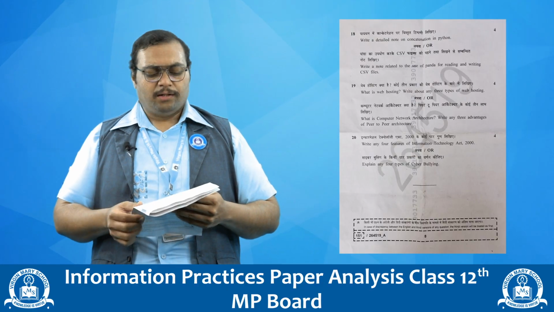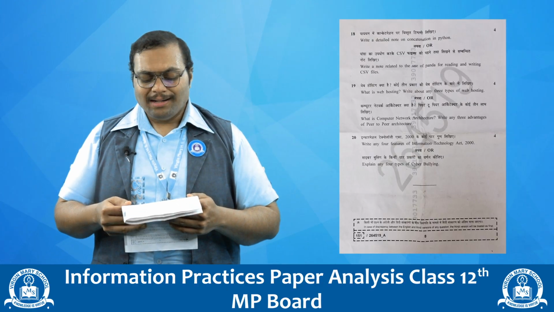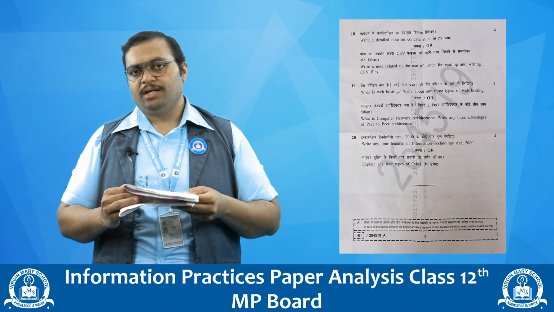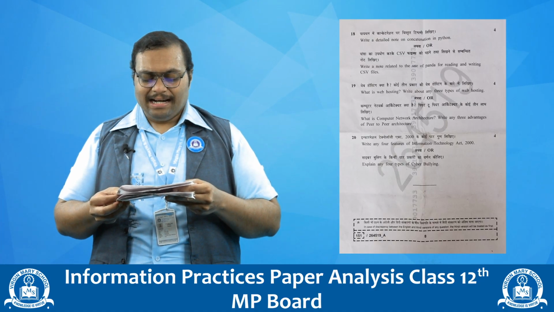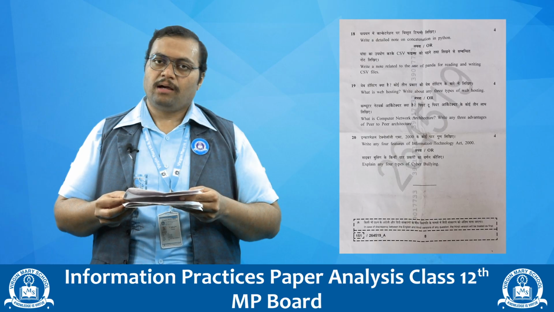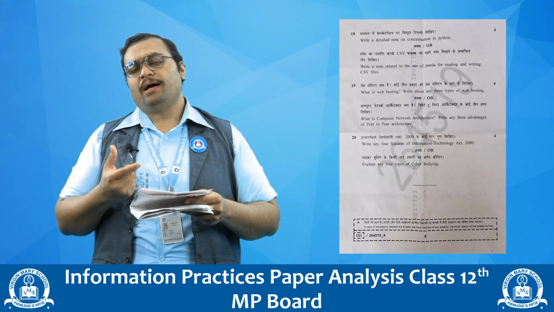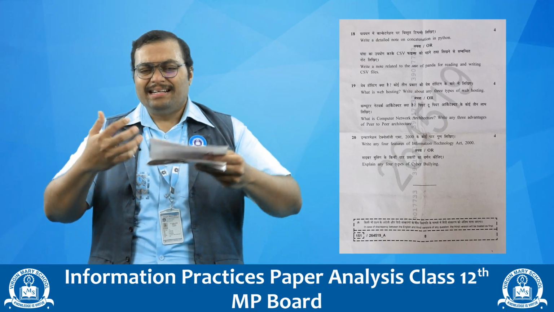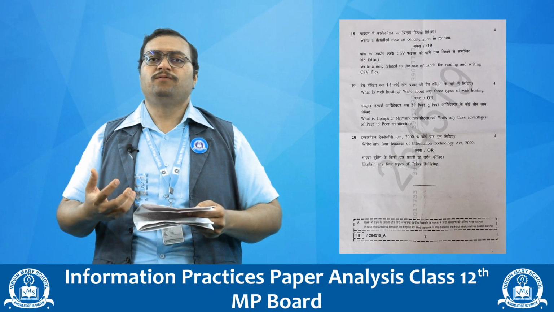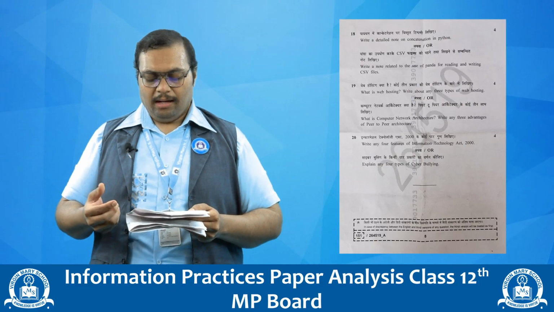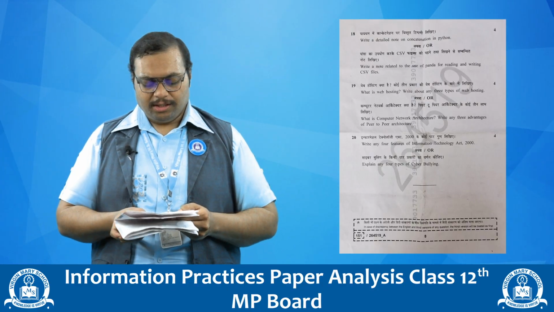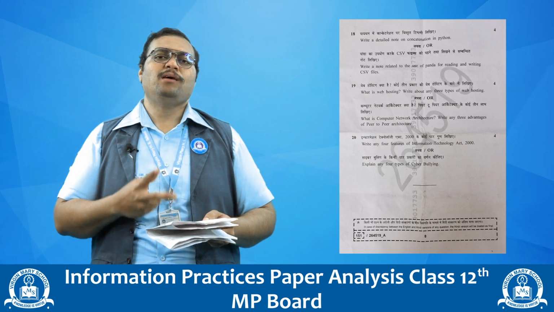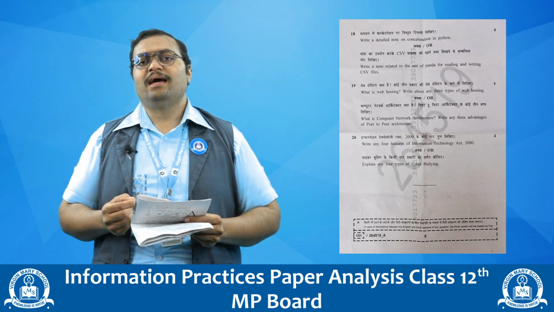Moving on to the next part of the 19th question: what is computer network architecture? Write any 3 advantages of peer-to-peer architecture. Computer network architecture is the design, the layout of the computer network you create. Speaking about 3 advantages of peer-to-peer connection, peer-to-peer is a point-to-point connection, where 2 devices are directly connected.